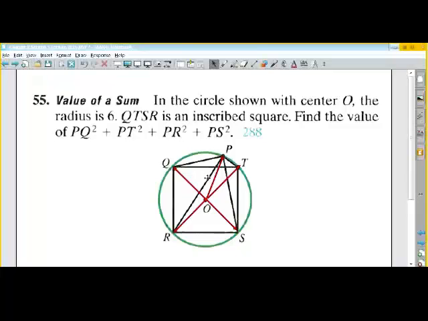So I've got to find some right triangles. This side and that side don't look like they're right angles.